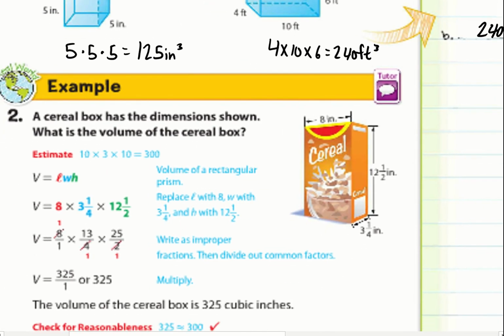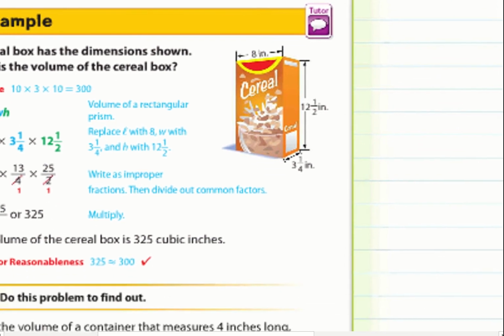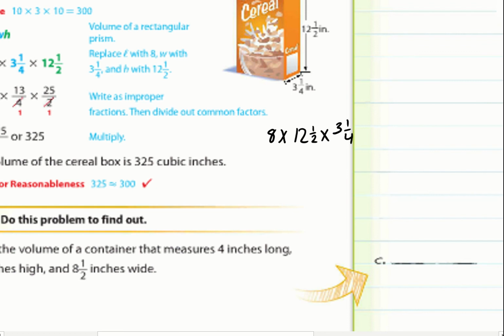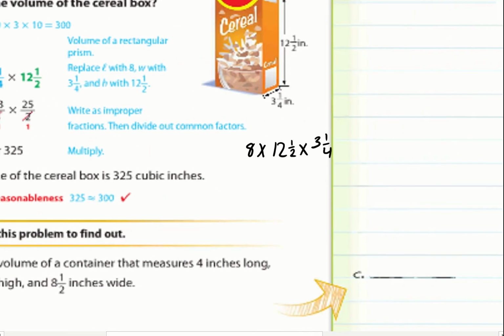Next, it says the cereal box has the dimensions shown. What is the volume of the cereal box? So I have 8 times 12 and a half times 3 1/4. If we multiply all of these together, there are 2 ways we can do this.